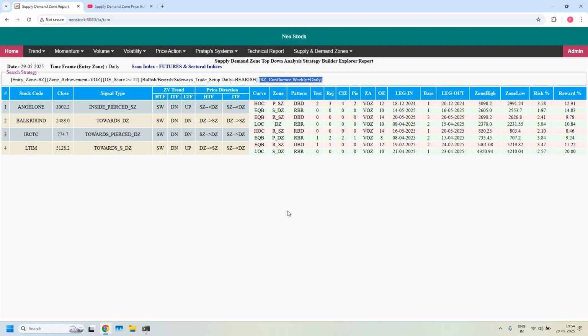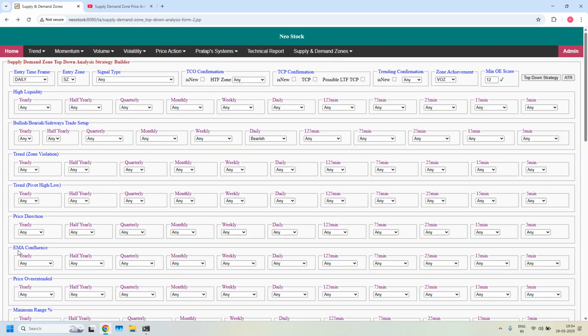Supply zone confluence. Okay, now daily is overlapped with weekly, and weekly trend is down in all the 3 stocks, so you can further check if weekly supply zone is having weekly EMA confluence or not. So I am going back, EMA confluence. I am setting the filter on weekly time frame, weekly supply zone having weekly EMA confluence or not.